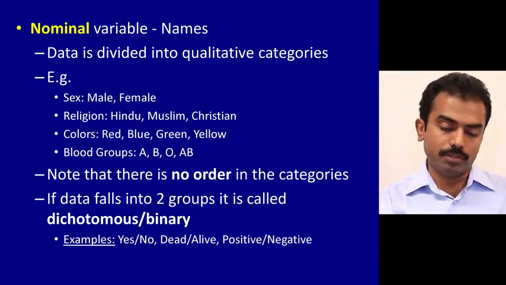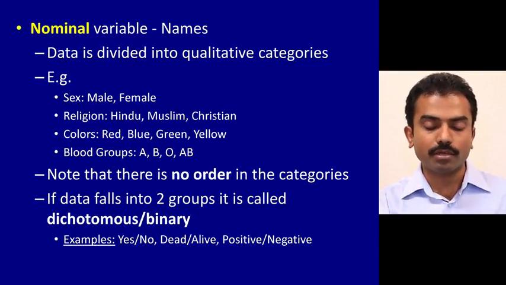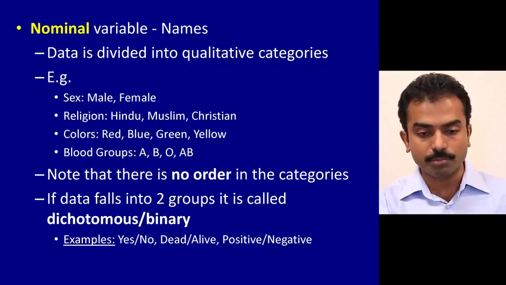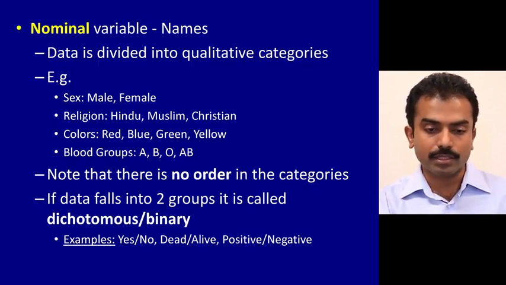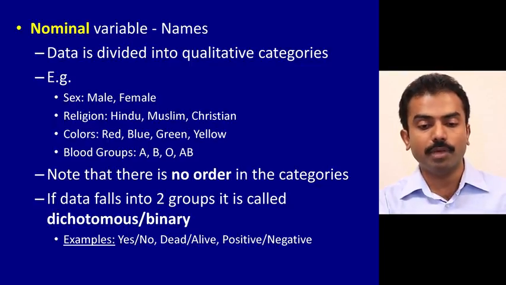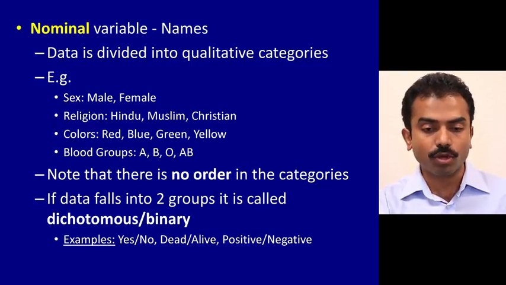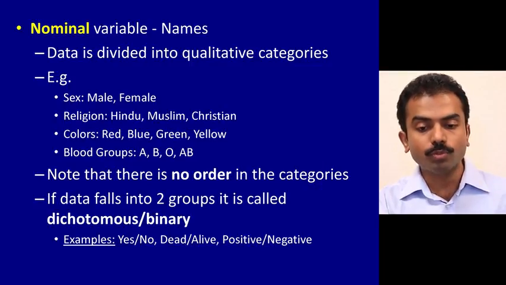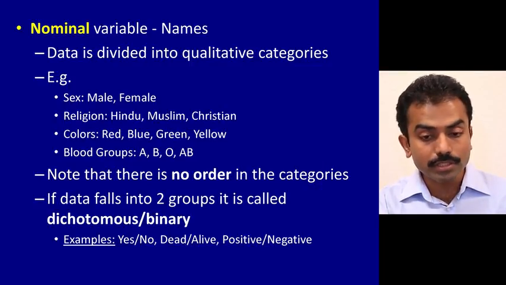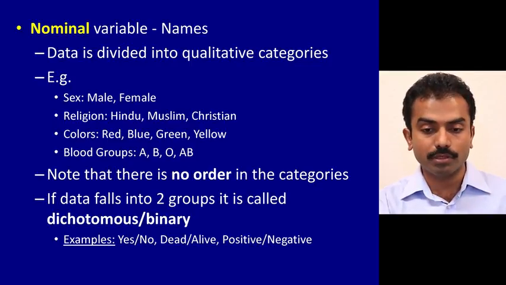What's a nominal variable? This is under qualitative variables. Nominal variable, nominal means names. So sex is a variable, male, female, 2 categories. It's a quality that it is expressing. Religion, Hindu, Muslim, Christian. This is another example of a nominal variable.